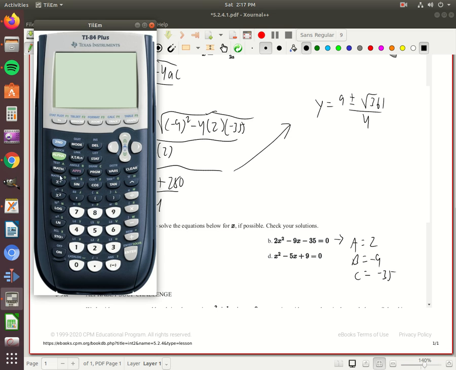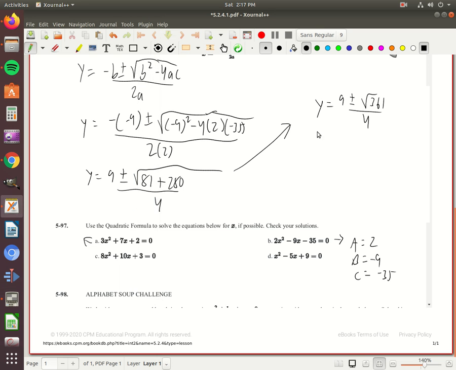I do not know what the square root of 361 is. So the square root of 361 is 19. I had no idea. So y equals 9 plus or minus 19 over 4. So I'll get 9 plus 19 over 4, which is 28 over 4, which is of course 7. And I will get 9 minus 19 over 4, which is negative 10 over 4, which is negative 5/2.